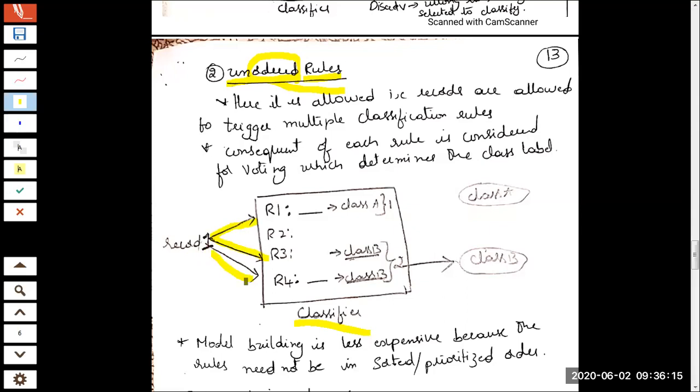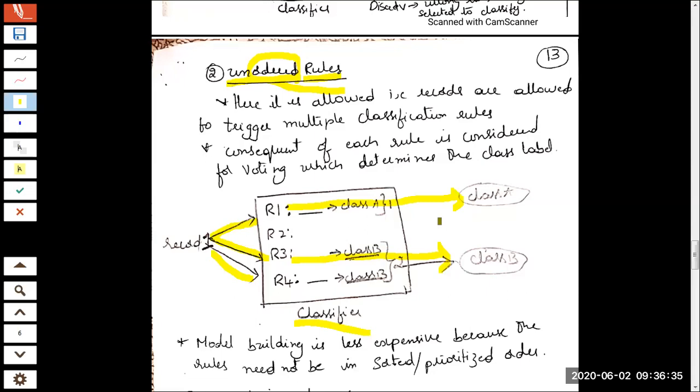Now it's a challenging situation for the classifier because rule 1 is pointing to class A, and some other rules are pointing to class B. So it's a conflicting situation, and the classifier must decide to which class this record should go and sit.